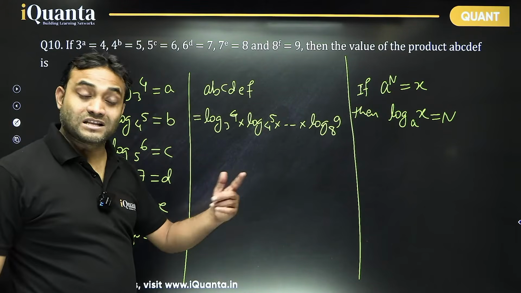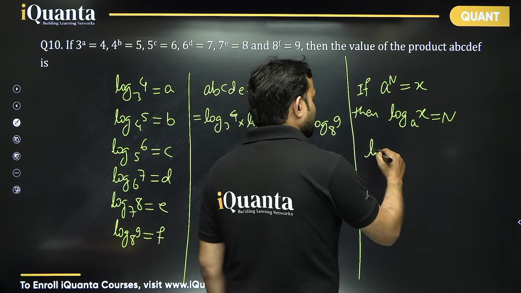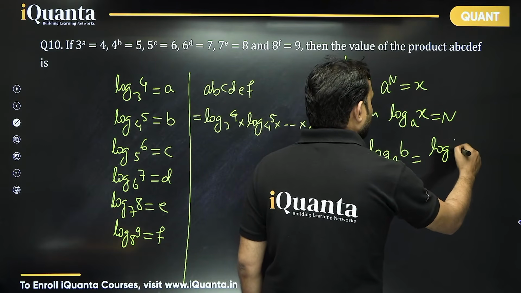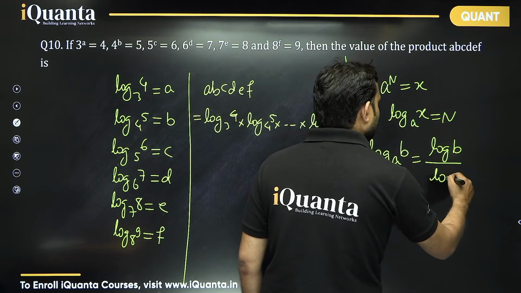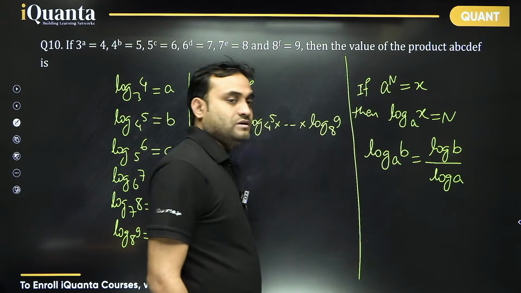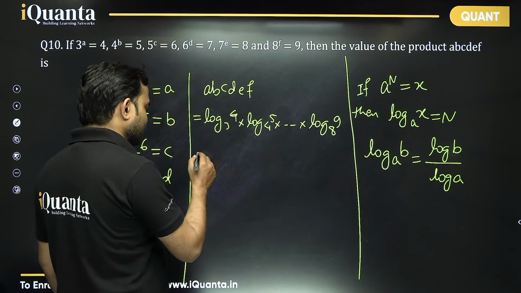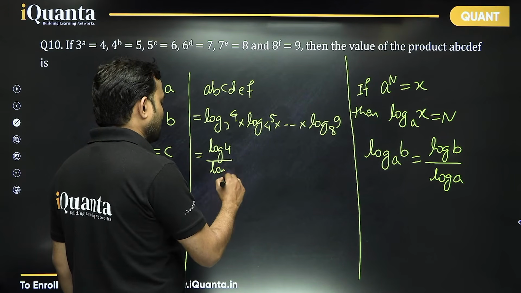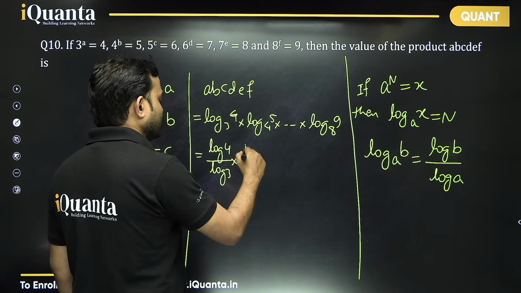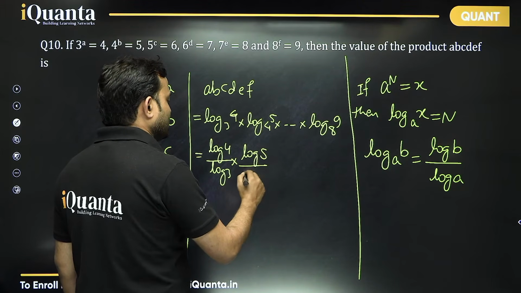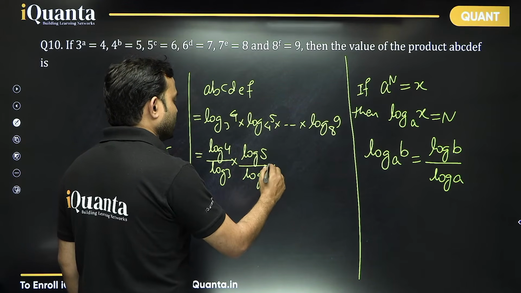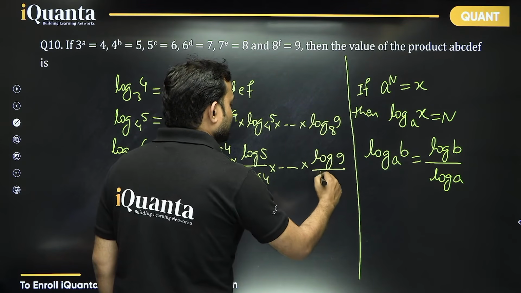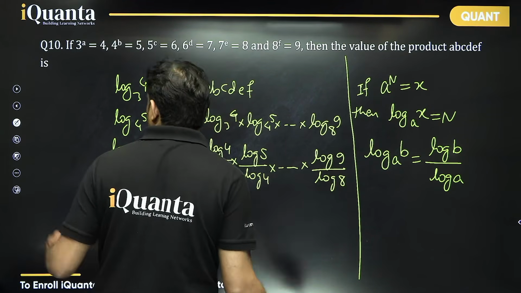Now there is another concept in log, which is log b base a can be written as log b divided by log a. So from there, can I write this as log 4 divided by log 3, into log 5 divided by log 4, into, till, log 9 divided by log 8.